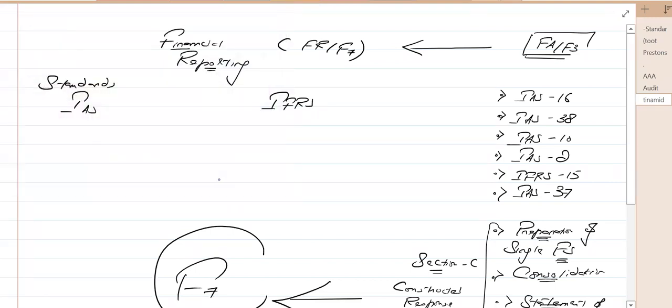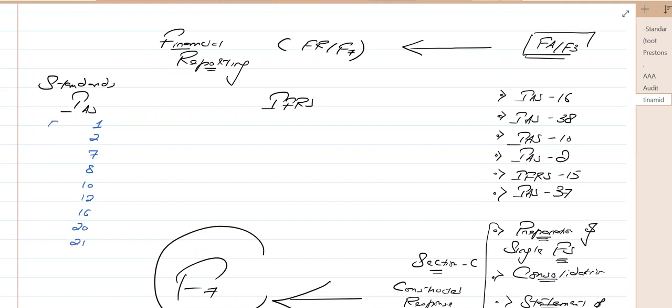There's a big list that you need to do, starting from IAS 1, which is the presentation of financial statements, and then IAS 2, which is inventory, and then we go to IAS 7, which is the statement of cash flows, and then we have IAS 8, which is accounting estimates, accounting policies, and then we go to IAS 10, which is events after the reporting period, and then IAS 12, which is taxation, and then IAS 16, the property, plant, and equipment. Then we go to IAS 20, which is government grants, and then we have IAS 21.